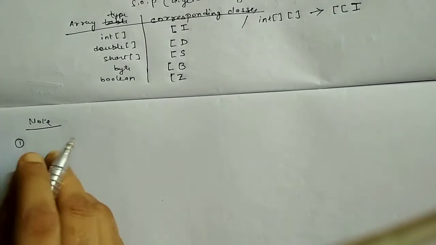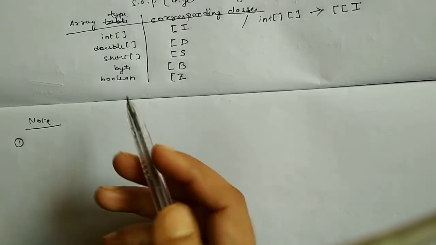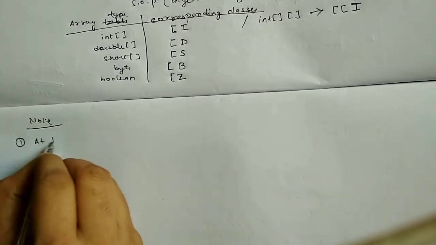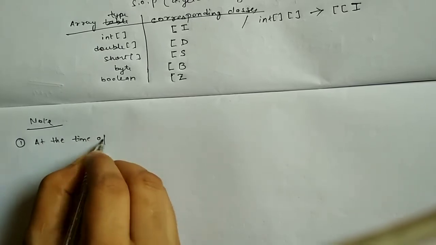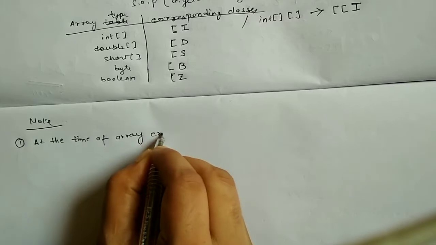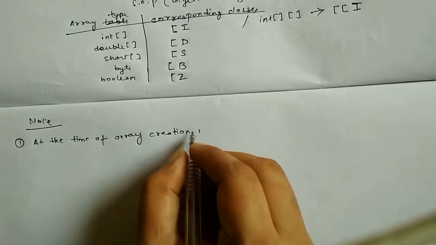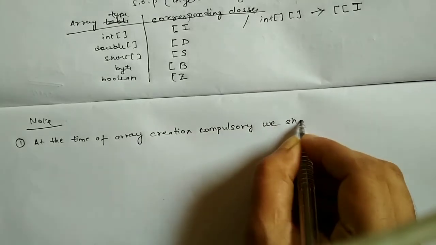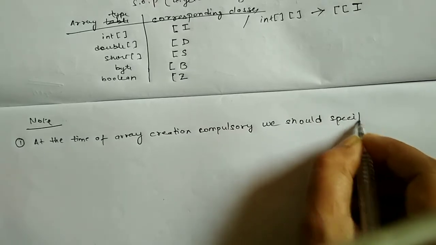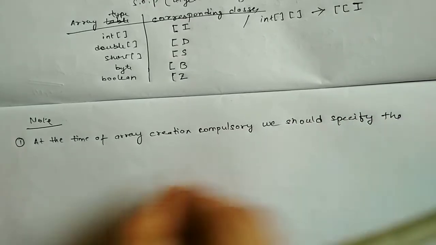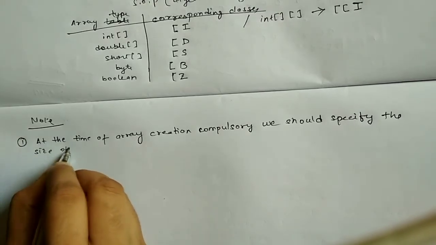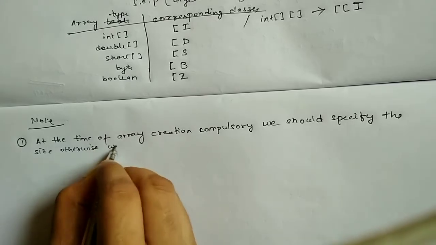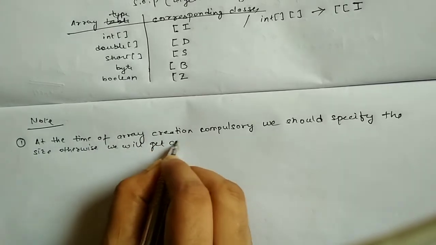The first point is that at the time of array creation, it is compulsory to specify the size, otherwise we will get a compile time error.